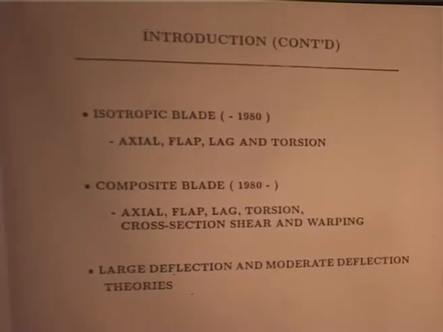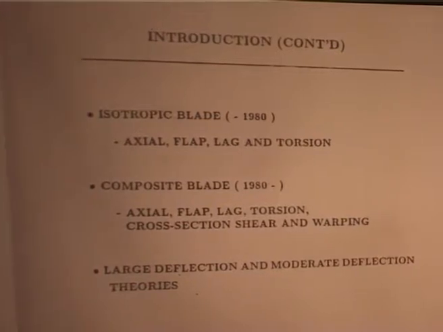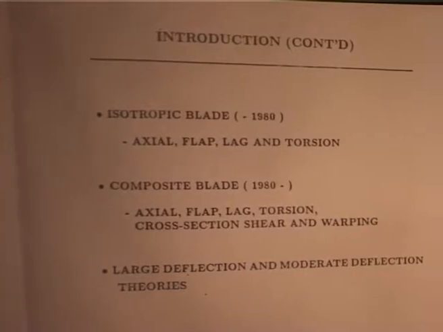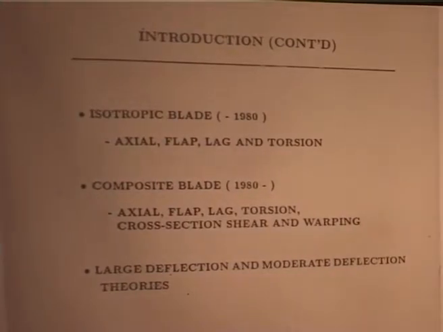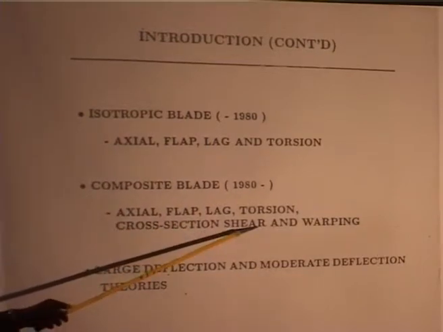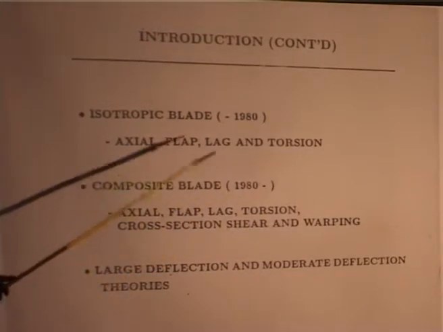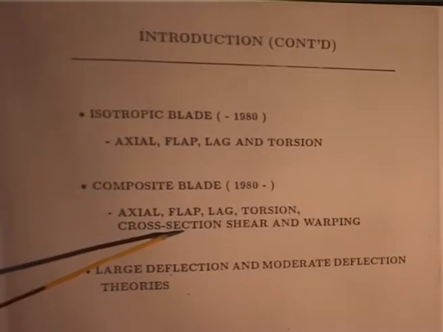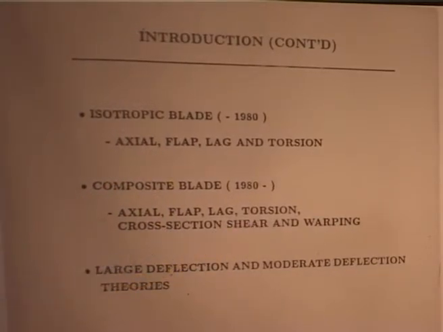Again, after 1980, composite blade formulation. Then what are the various things you have to consider? Is there anything extra? If you have one general formulation which fits everything, then it is beautiful. But unfortunately, when you are starting the development, you always make approximations because you need to get something. So, the cross sectional shear deformation was neglected. Then they said we will add this. Then of course, warping, bending, various types of warping.